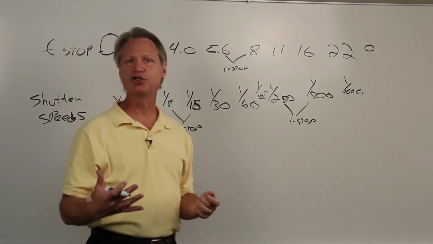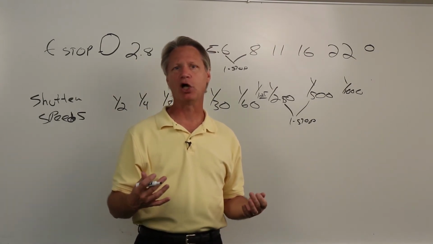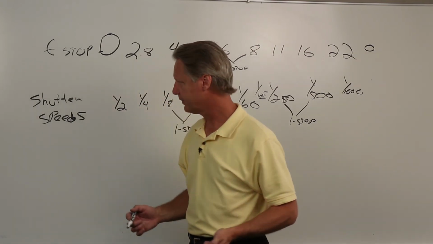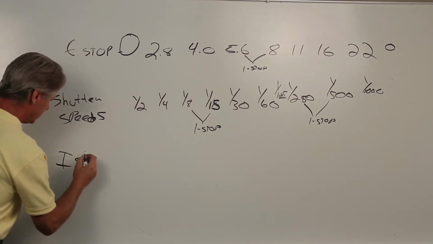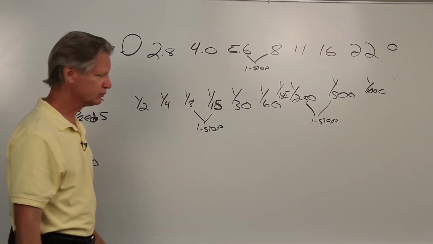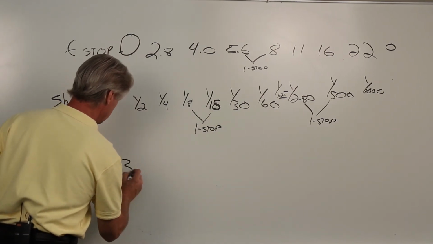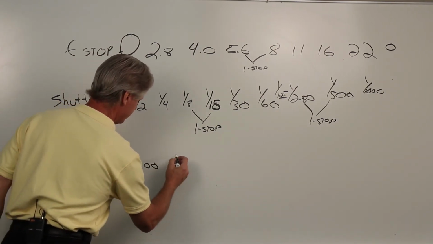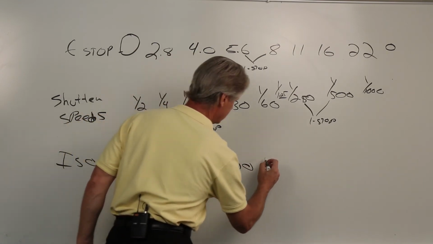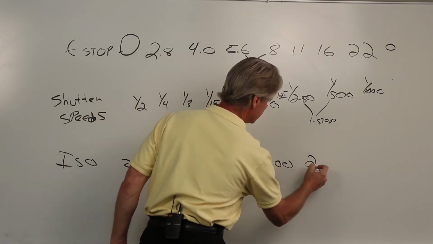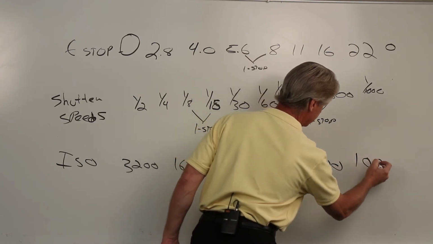Now our last adjustment we can make to the camera is called our ISO. ISO simply stands for sensitivity to light. We have 3200, 1600, 800, 400, 200, 100.